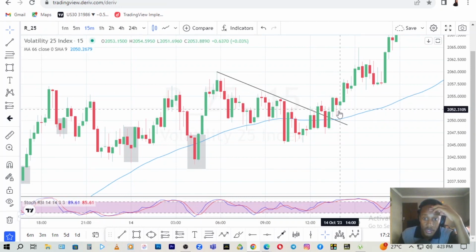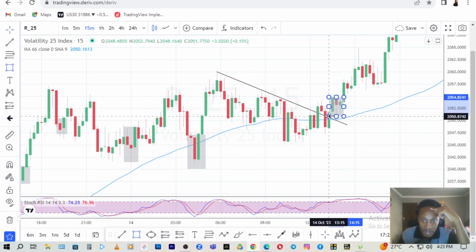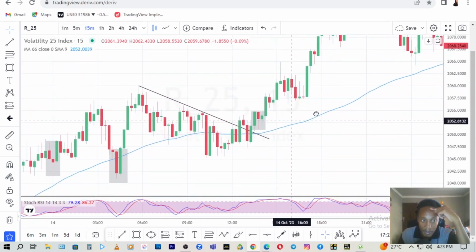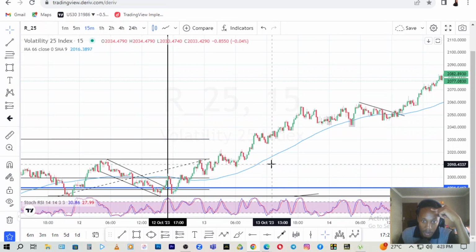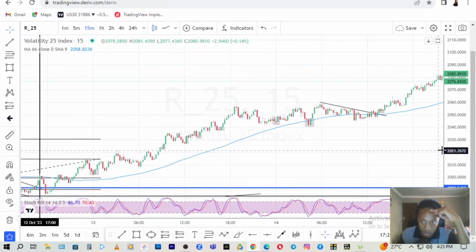That's why I'm buying again. So I wait for what? I wait for a retest. I got my retest, then that's my entry. So overall, this is how many entries you would have got.